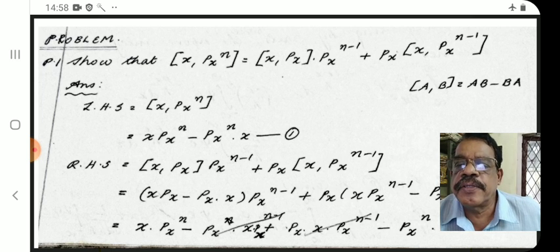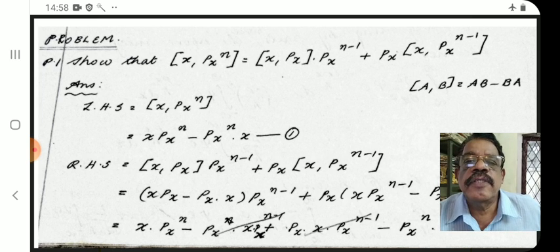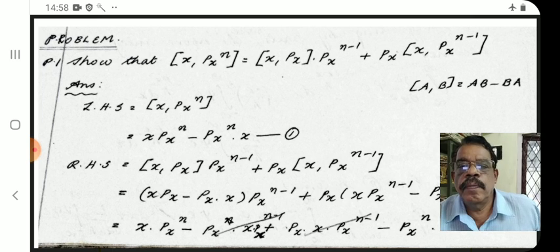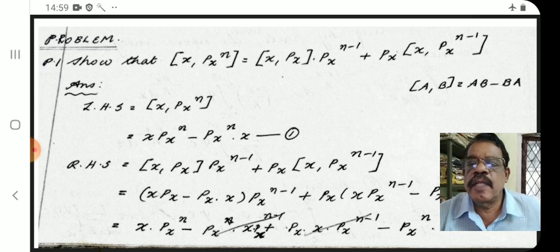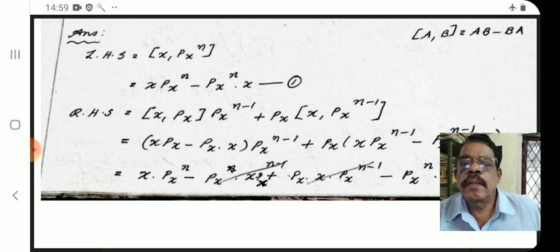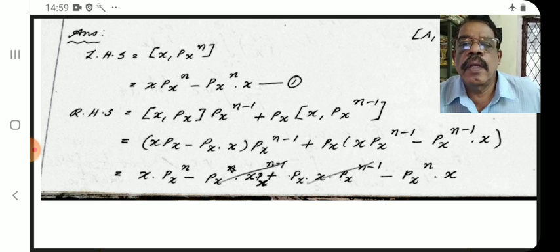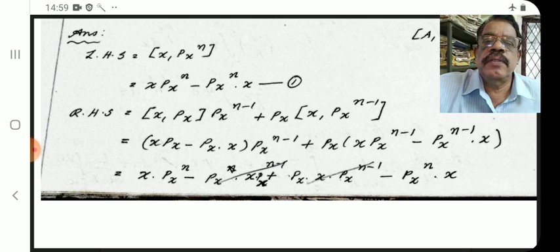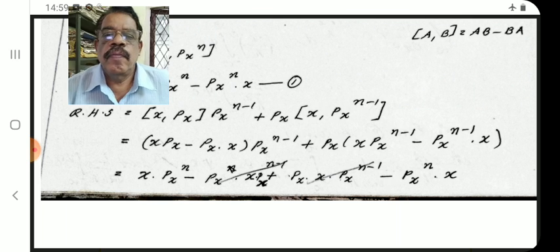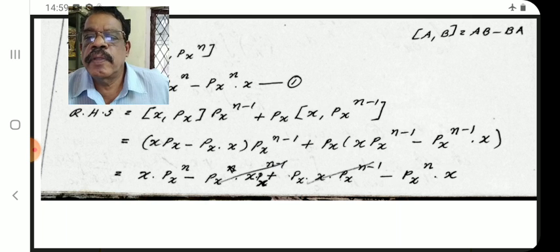Now we take RHS. RHS is [x, px] px^(n-1) plus px [x, px^(n-1)]. So we apply the commutator relation in the first commutator, that is (x px minus px x) into px^(n-1). And now comes px into, again apply the commutator relation, that is ab minus ba. We get x px^(n-1) minus px^(n-1) x.